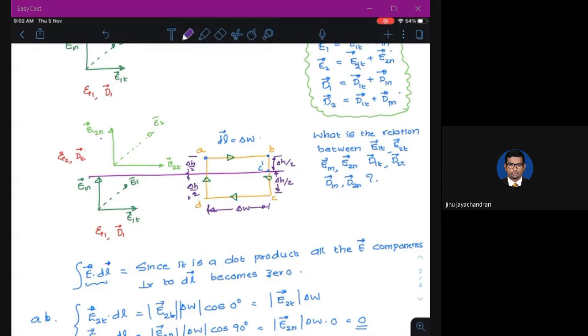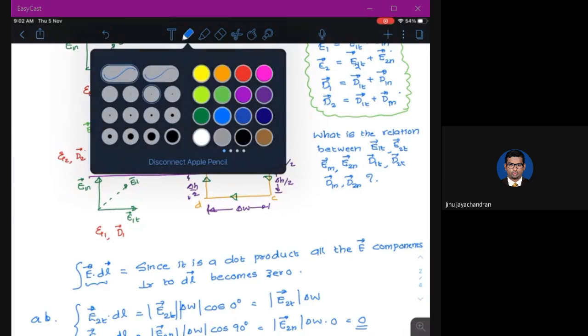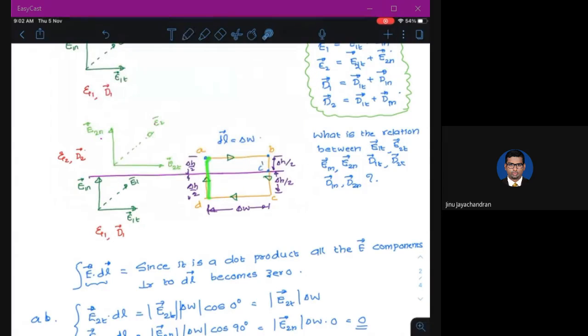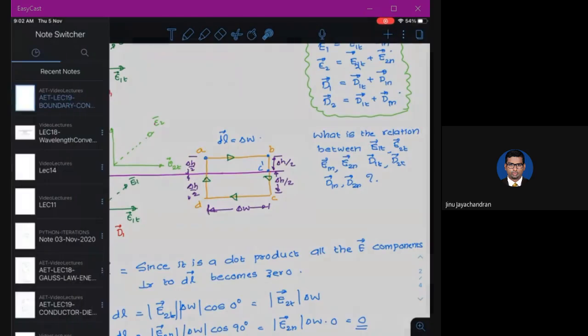And this is in the upward direction, which is positive. So from D to this point, the parallel component is E1n, which is positive, into delta h by 2. And from this point to A, the parallel component is E2n, into delta h by 2. So that is what I have written here.